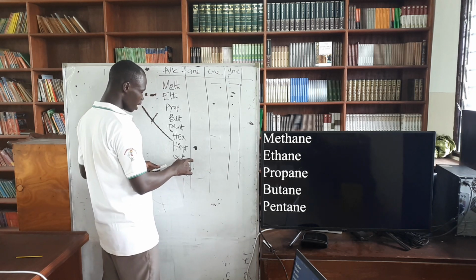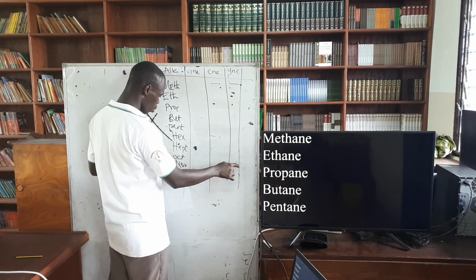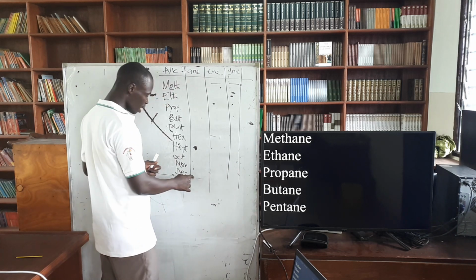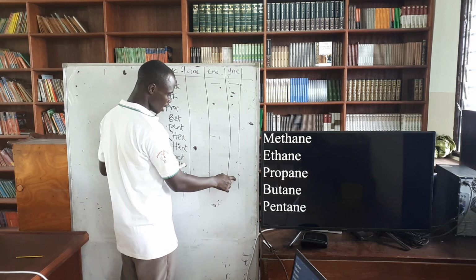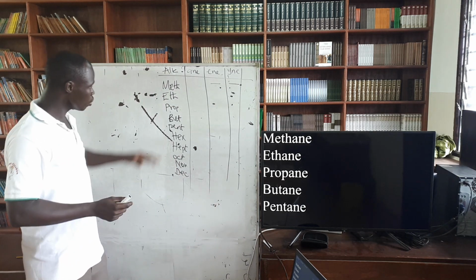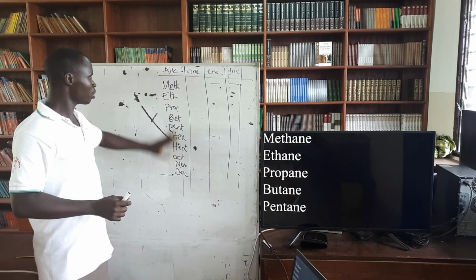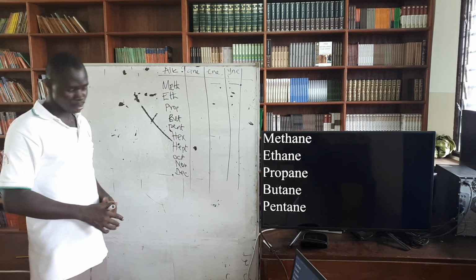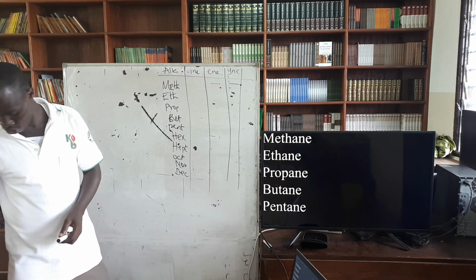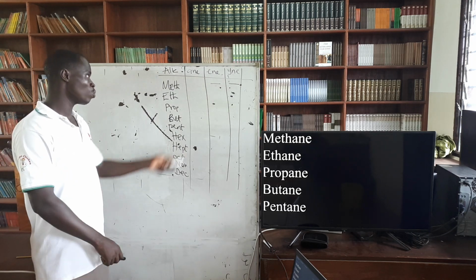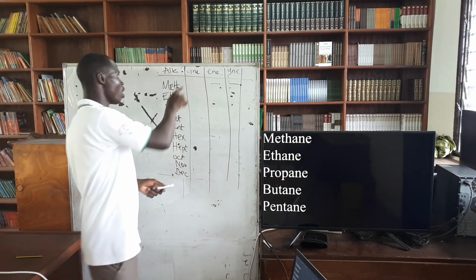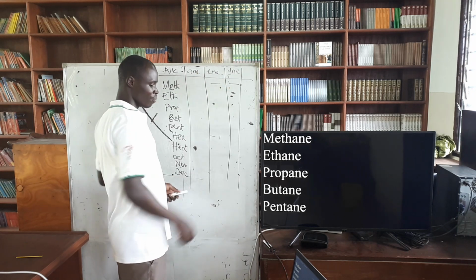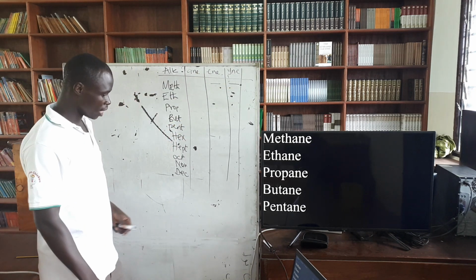Octane, octene, octyne. Nonane, nonene, nonyne. Decane, decene, decyne. Now once you've already learned about this prefix, then the suffix will just play a very interesting role. So this is for alkanes, this is for alkenes, and this is for alkynes. But we'll come to that one later.